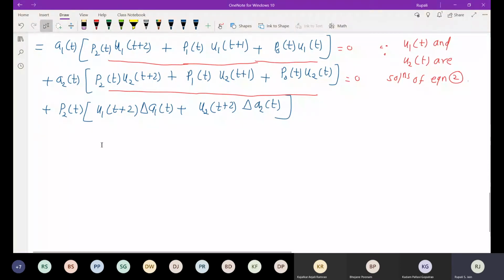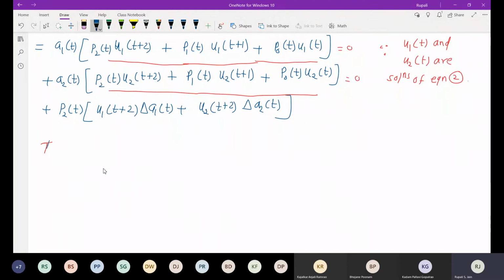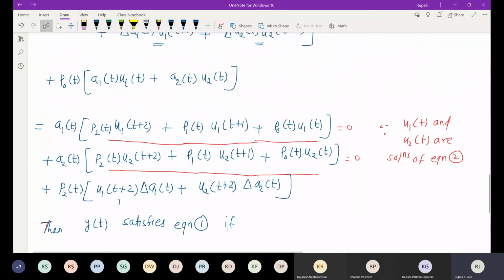See, then yt satisfies equation 1 if, what is the case? I want yt to be my solution.